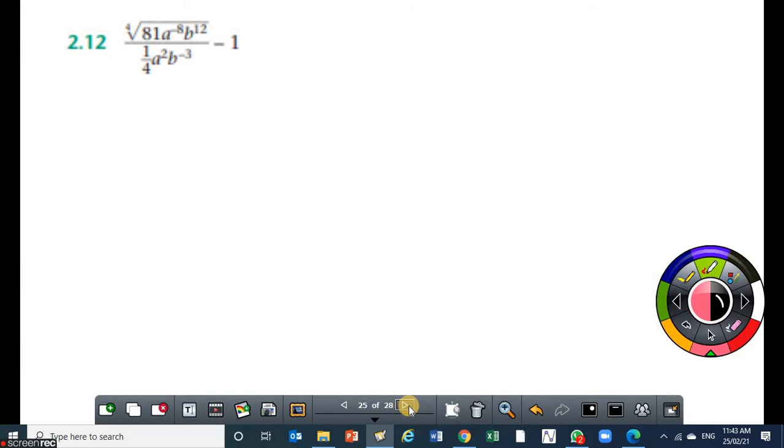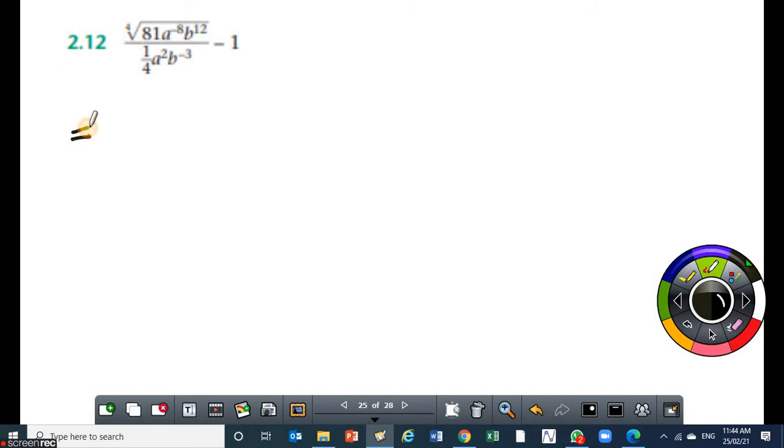So your knowledge of fractions and exponents is required for you to do this question. Since we have a negative exponent there, my suggestion is let's find the fourth root of everything inside the radical sign.